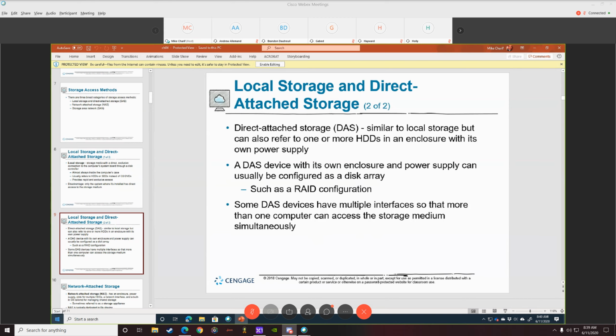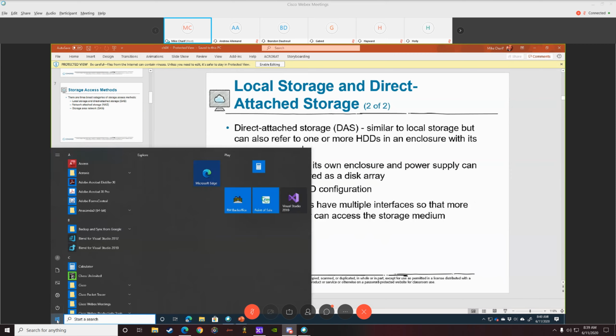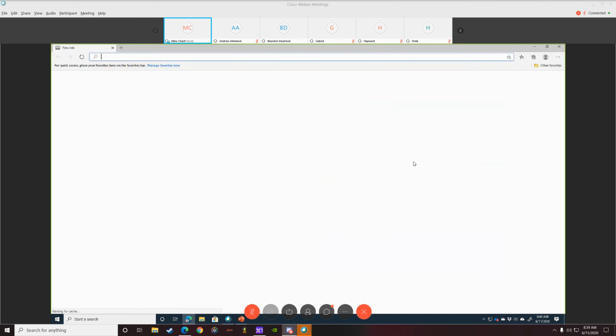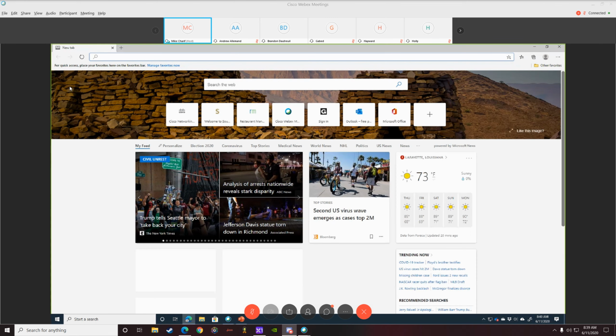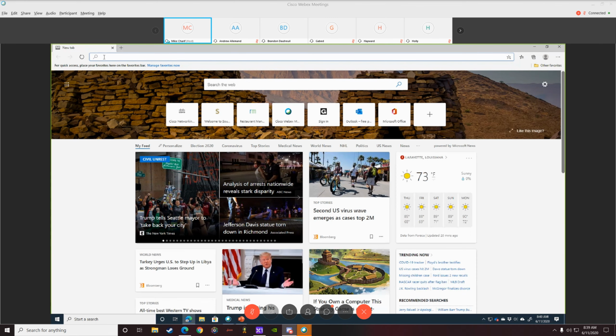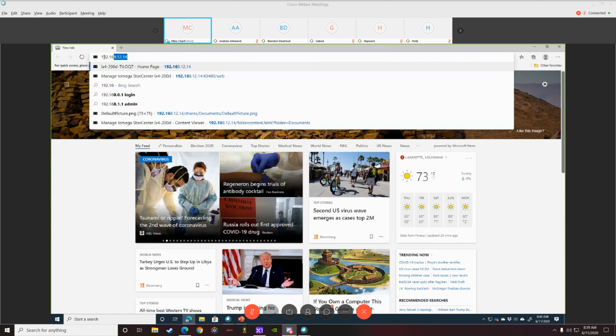Yeah, like I have on my machine now, I have a NAS. I connected it to a server and I'm connected to my machine right here. So if I want to access it, I just put the IP address for it, 168.12.